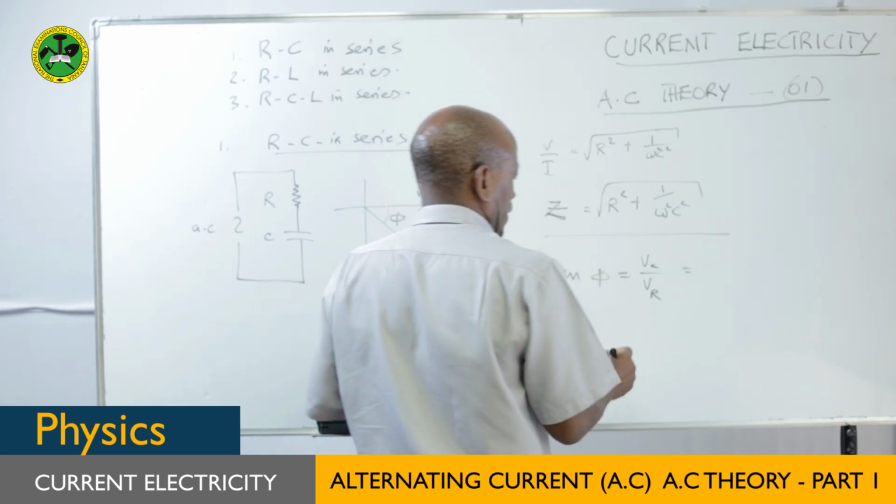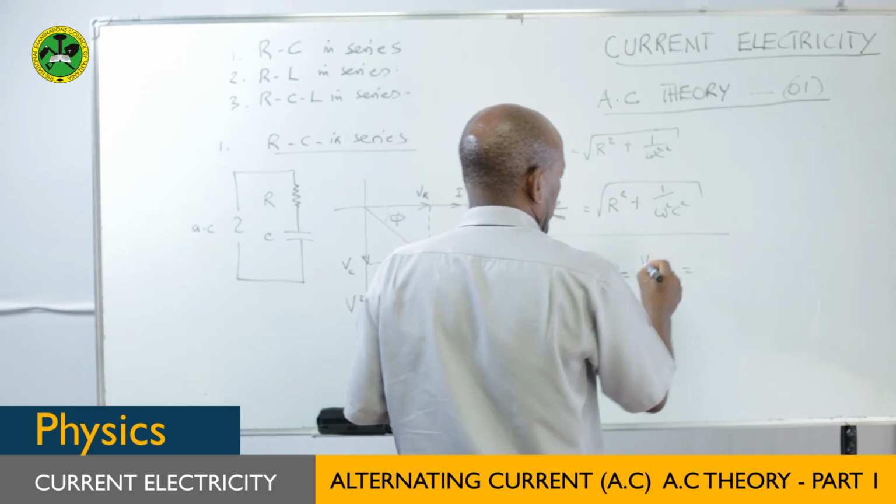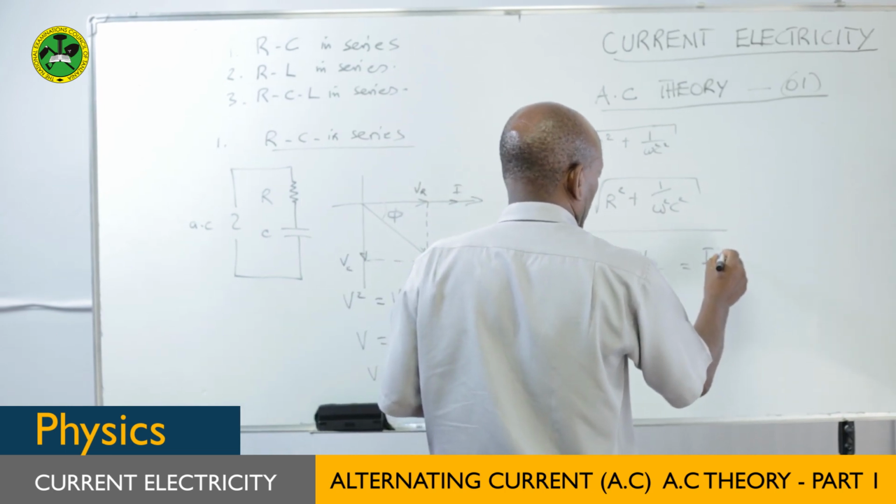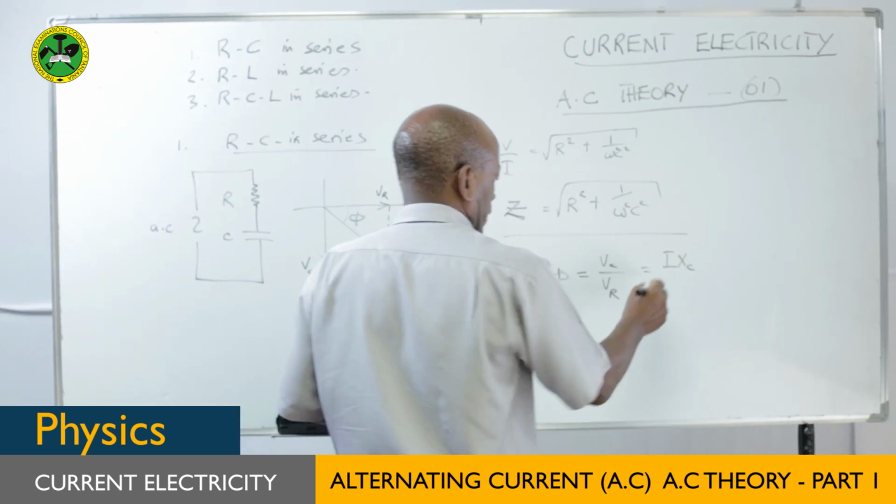And as we have already said, the voltage through a capacitor is equal to I times the capacitive reactance.